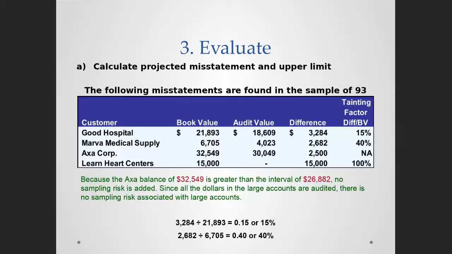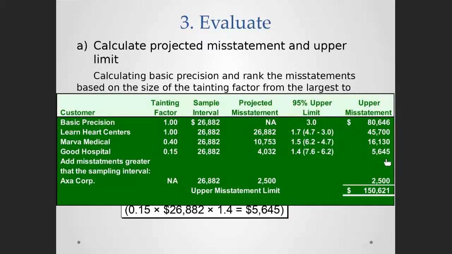And we get 5,645. So these are the 3 errors. And then the fourth one, the error is 2,500. We don't need to go through any of these calculations because the number is larger than the sampling interval. So we take the entire 2,500. And we add all of these numbers and we get the upper misstatement limit of 150,621.